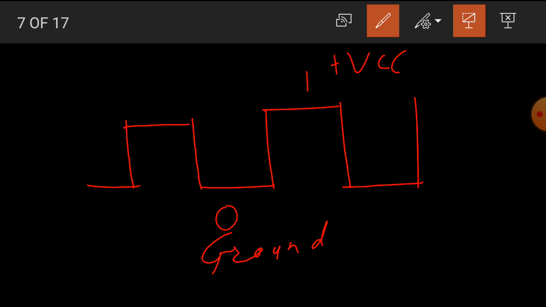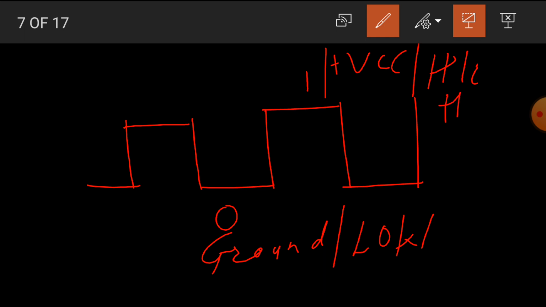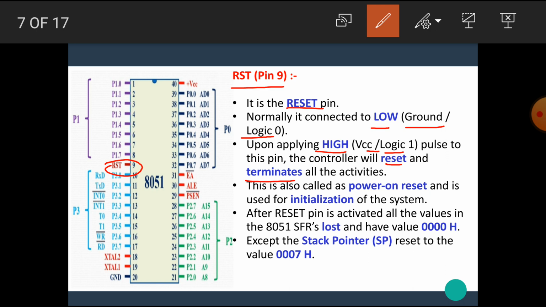This 0 is also called ground or low, and 1 is VCC or high. That means logic 0 or ground is called low and logic 1 or VCC is called high. I hope you all understand the concept of low and high.